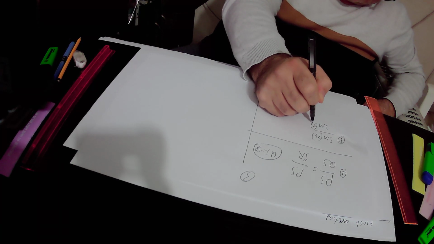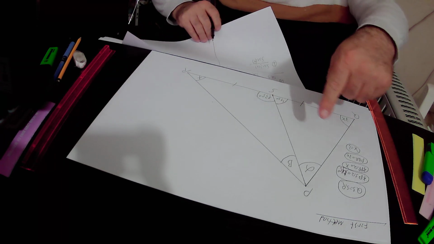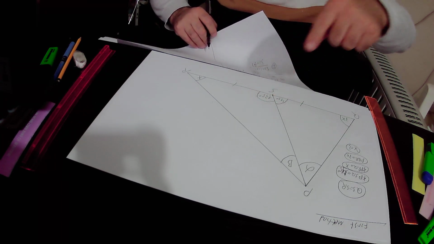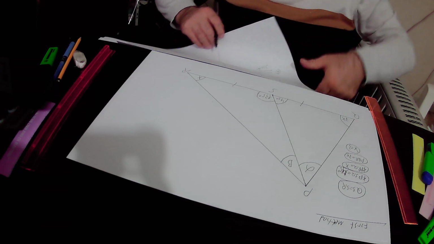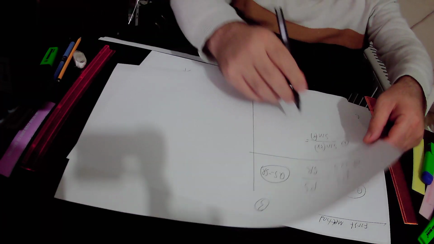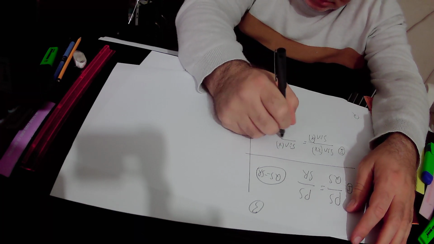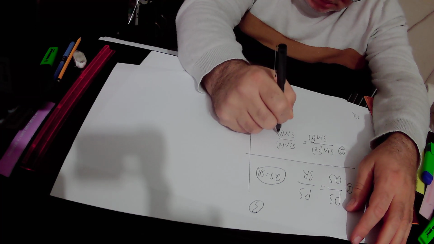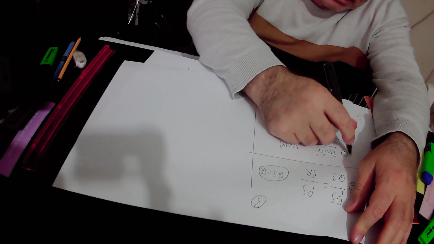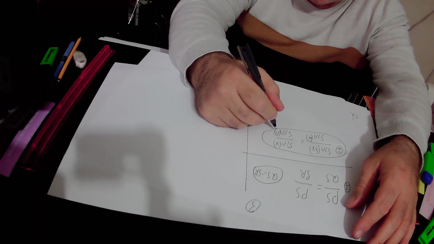And PS over SR will be equal to sine x over sine beta. Okay, we found out that sine 3x over sine alpha equals sine x over sine beta, according to equation number 1.